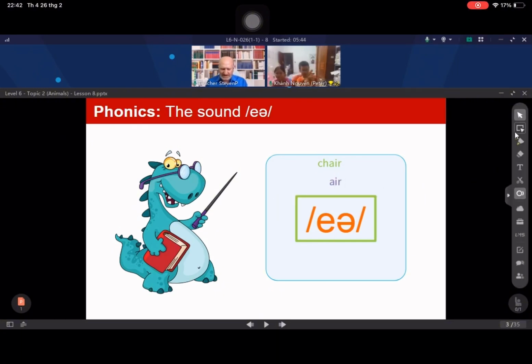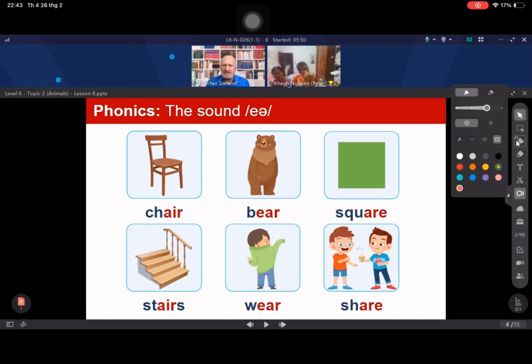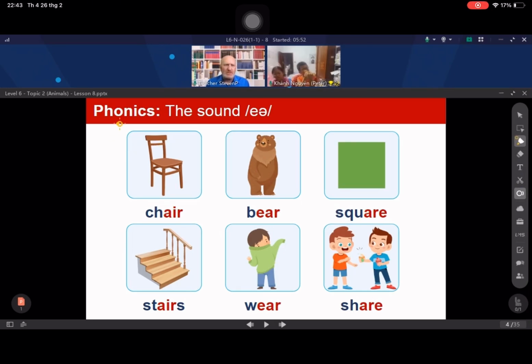There are different ways that we can spell this sound, everyone. Let's say the words together quickly. Chair. Bear. Bear. Let me hear. Bear.